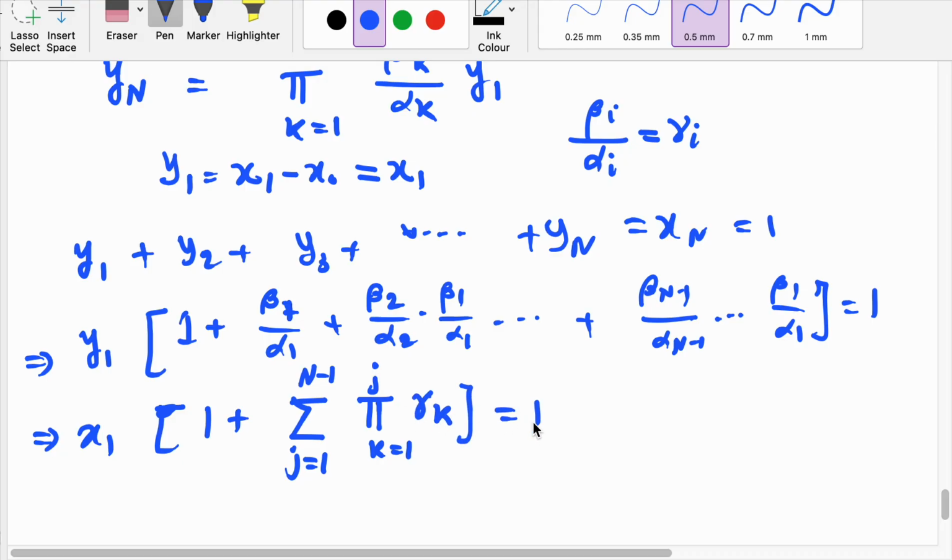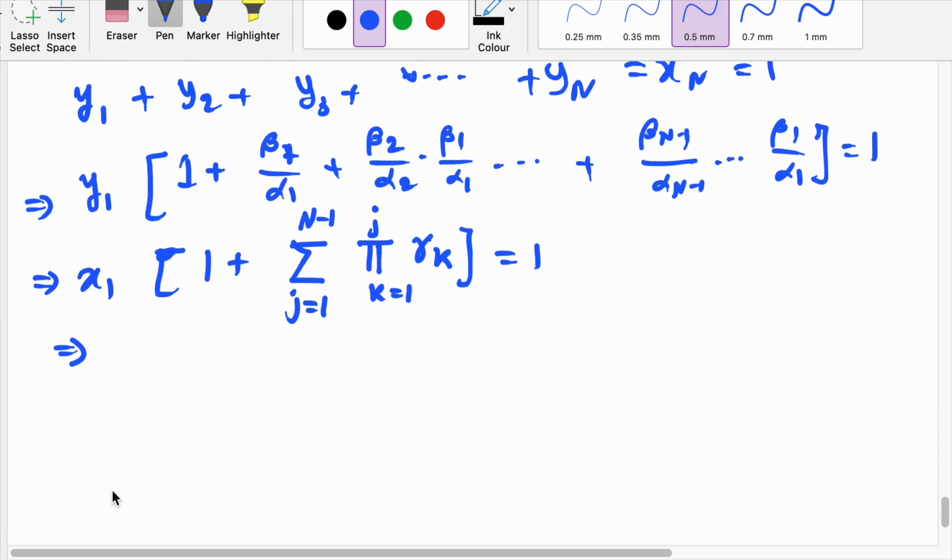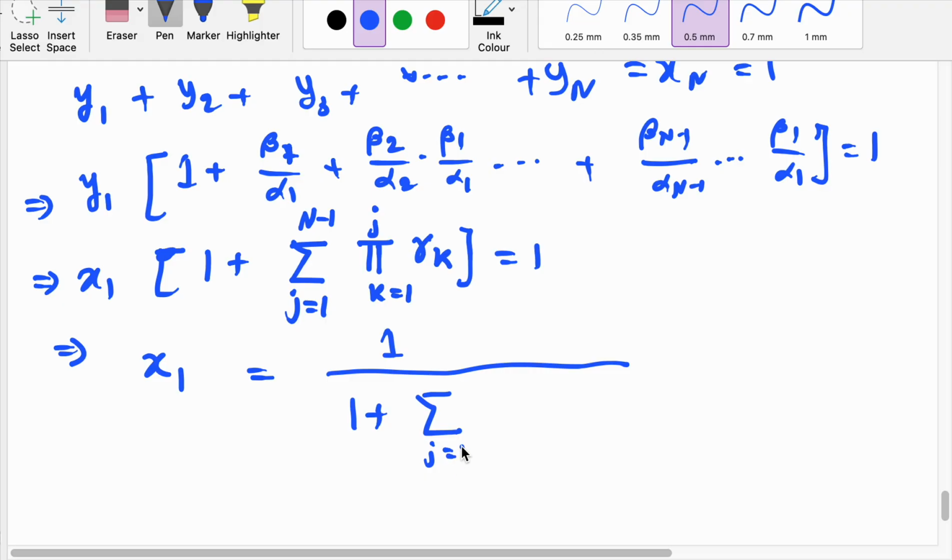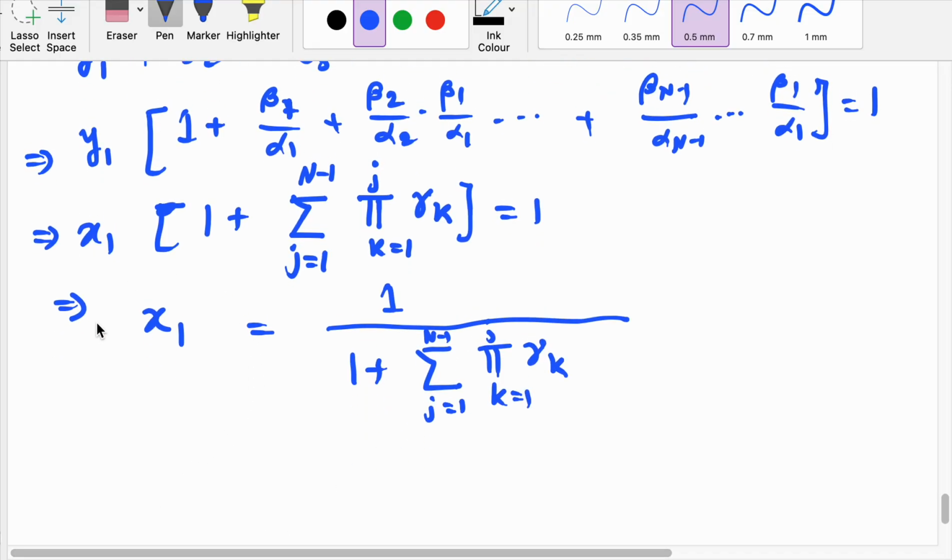Is this expression clear? Then x1 will be 1 over 1 plus the summation over j equal to 1 to n minus 1 of the product over k equal to 1 to j of gamma k. This is the value of x1.